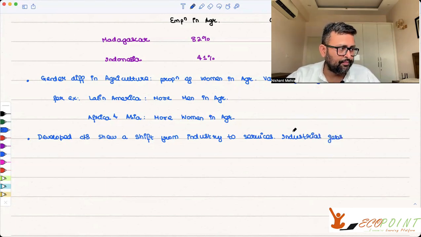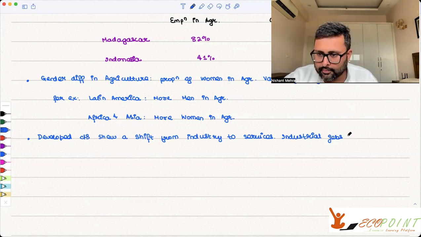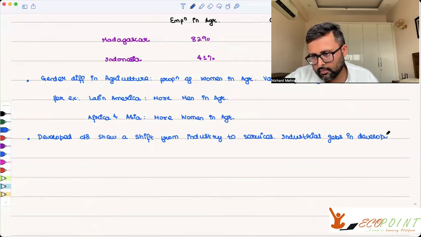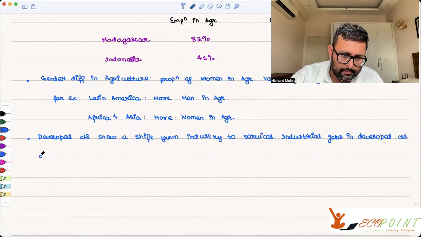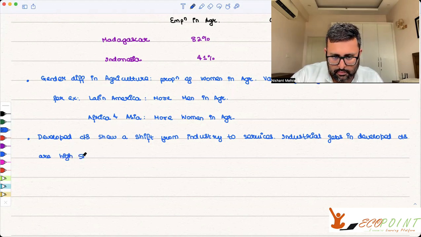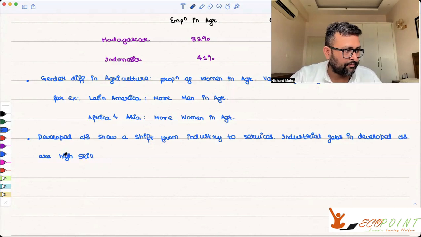Industrial jobs in developed countries are high skill and high wage jobs.